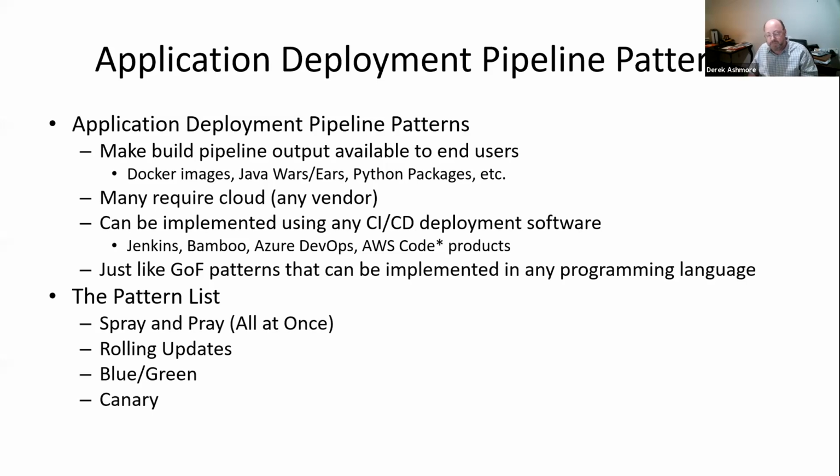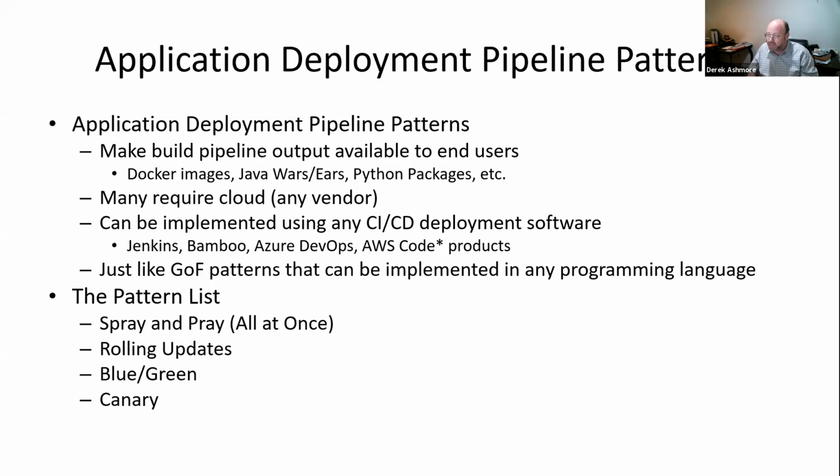Next one is rolling updates, and while it's frequently used in the cloud, it can be used on premises as well. Essentially, it's used in situations where you have multiple copies of your application, and what you can do is roll those copies out so that users don't necessarily have an outage.